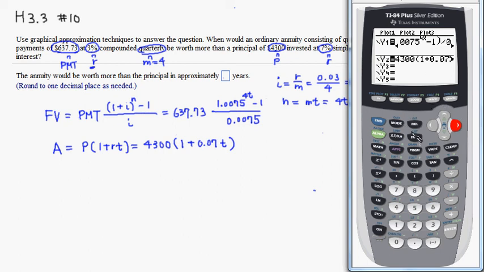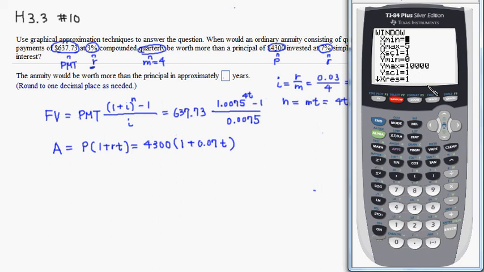Then we have to put in the window size. I'm going to set x min 0 and x max around 5. Five years is probably good enough to catch up to simple interest, and x scale is 1. y min is 0, and I'll put 10,000 for y max so that we can see the intersection.